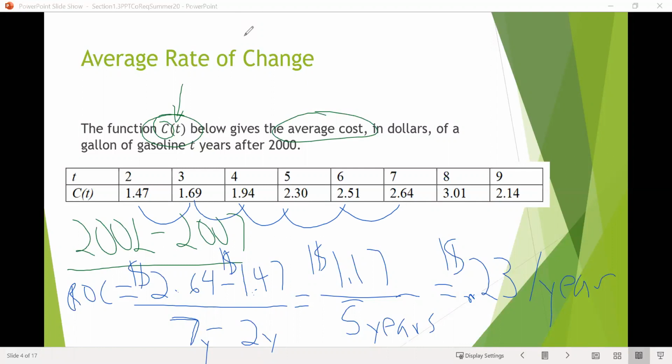From 2004 to 2005, it went up by 36 cents. Then from 2005 to 2006, it went up by 21 cents. And from 2006 to 2007, it went up by 13 cents. So again, this 23 cents per year is not exactly what happened from year to year. It's an average rate of change over time.